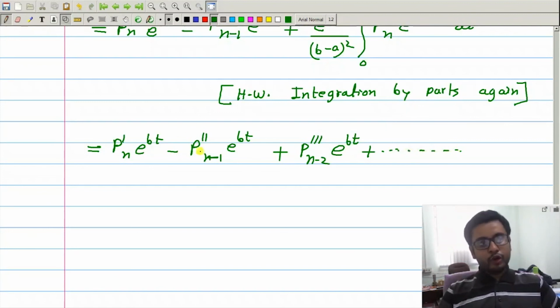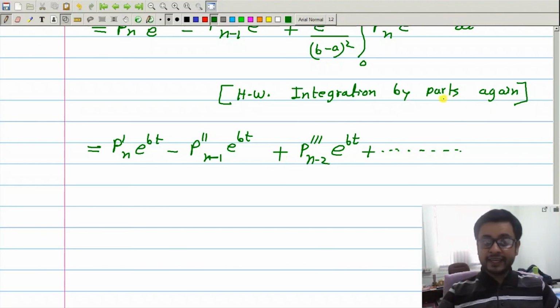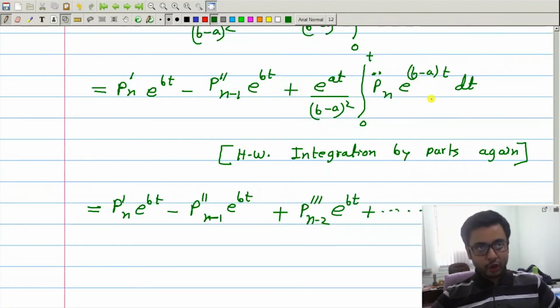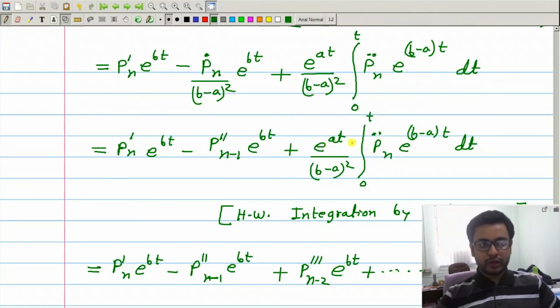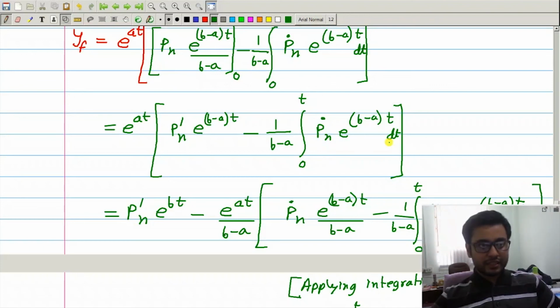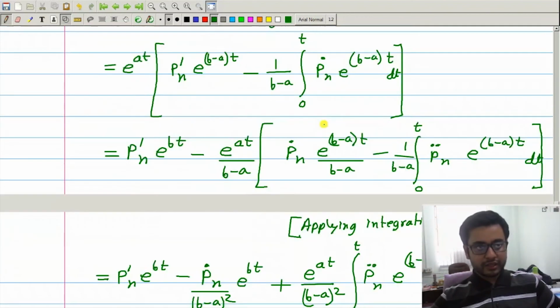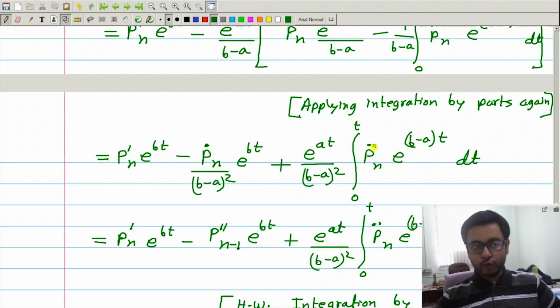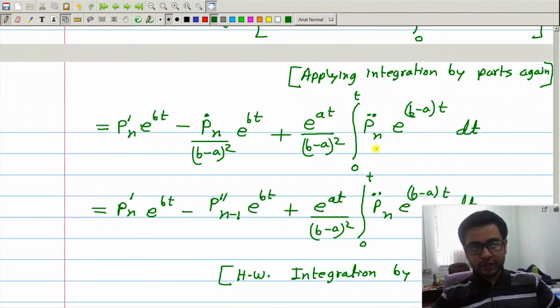Now you can repeat this process of integration by parts again and again. No worry, the process will definitely terminate, because every time you do integration by parts, here we had p dot, next here we have p double dot, and therefore the degree of this polynomial is reducing, and finally this will become a constant.